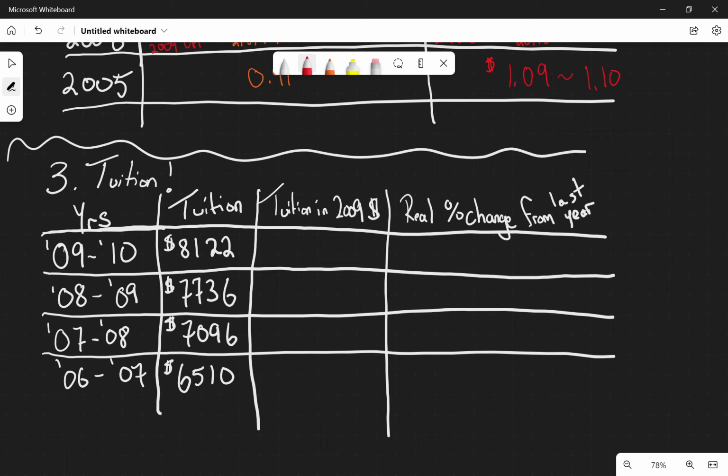Since the first one is in 2009, it's just going to be that same amount. All right. Now, figuring out what the rest of them are is going to be a little different. What we're going to have to do is we're going to have to divide by the GDP deflator.